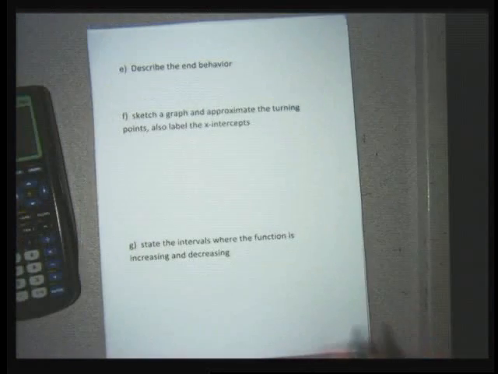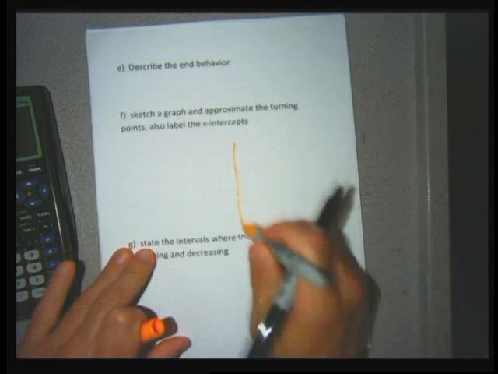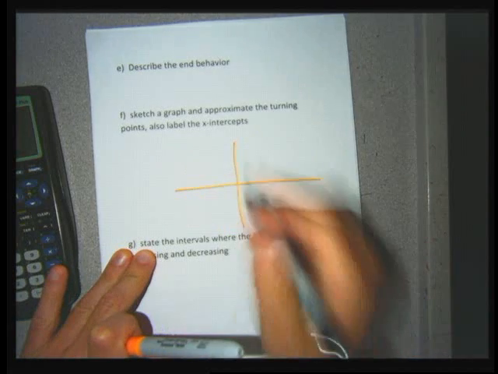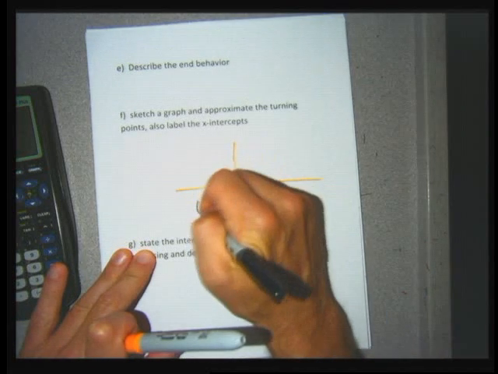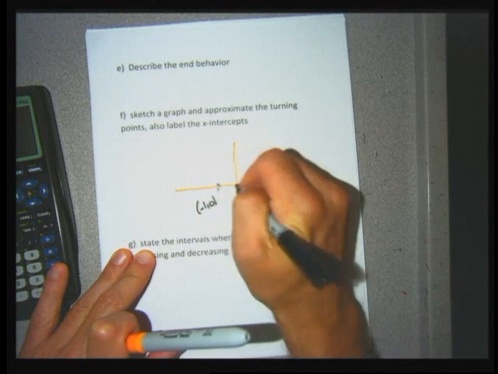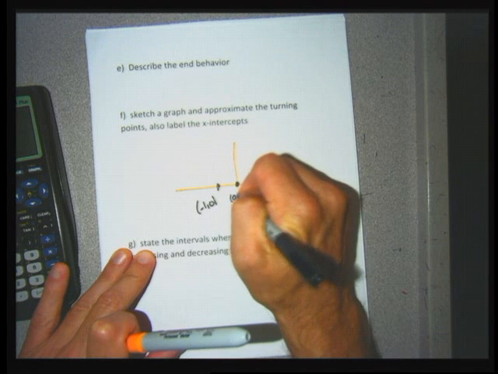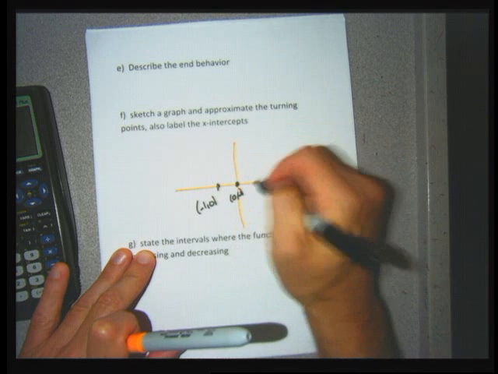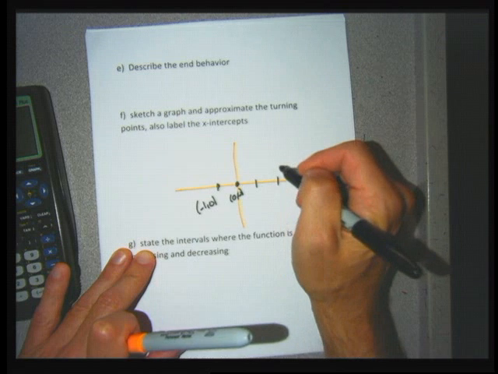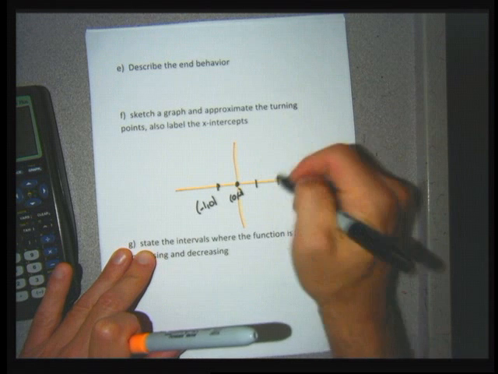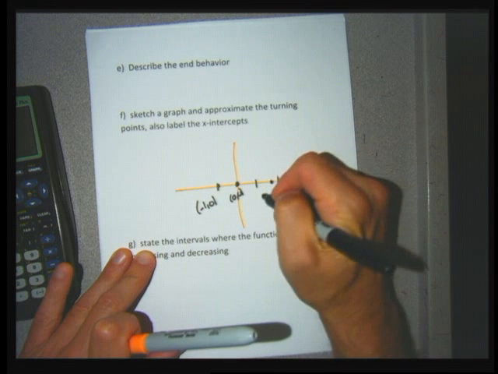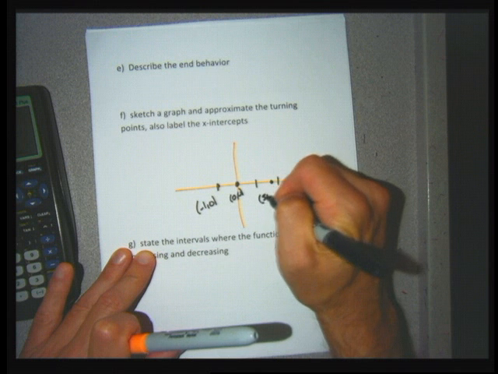So this graph, more or less, it goes through the point (-1, 0), (0, 0). (5/3, 0) is 1 2/3, so (5/3, 0) is just close to the 2.